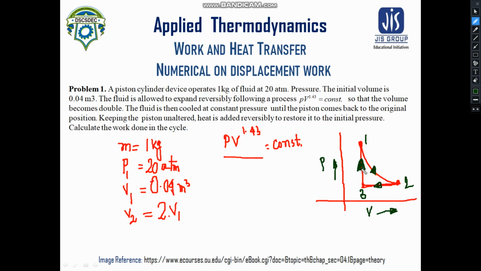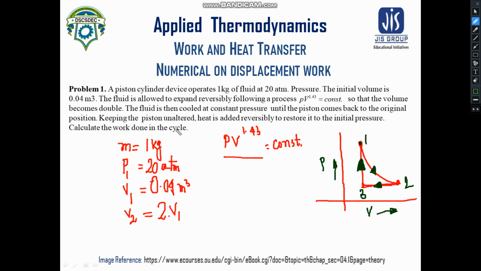If heat is added, then what will happen? The volume will remain the same, but the pressure will increase, because pressure is proportional to temperature. So this becomes 3 to 1.